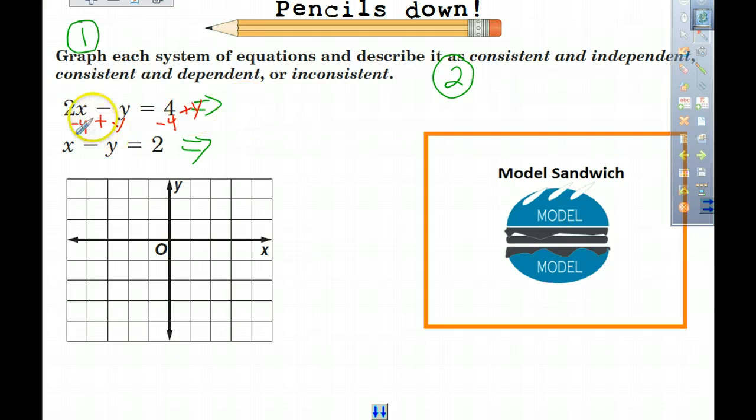So now we have 2x minus 4 equals y. It's okay to get y on the right-hand side, the same as y equals 2x minus 4, but sometimes it's easier just to add y to both sides. Same thing on the second one. Right here, you can add y and subtract 2, and you'll have x minus 2 equals y.